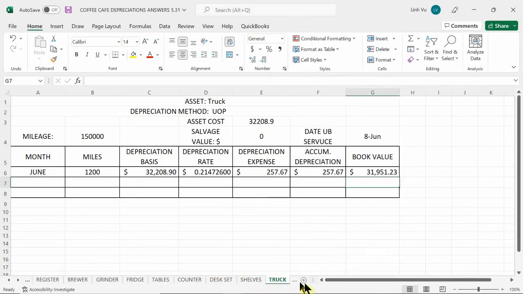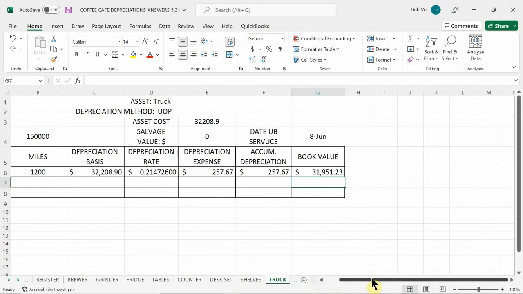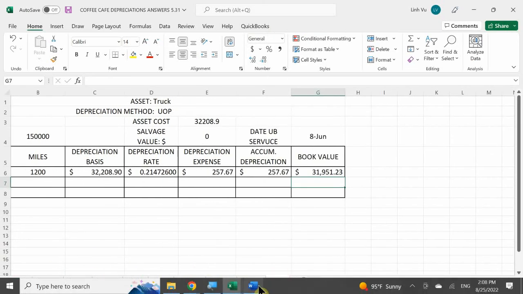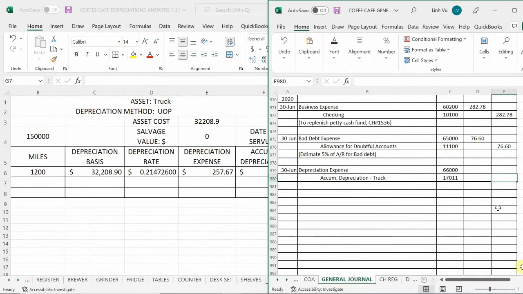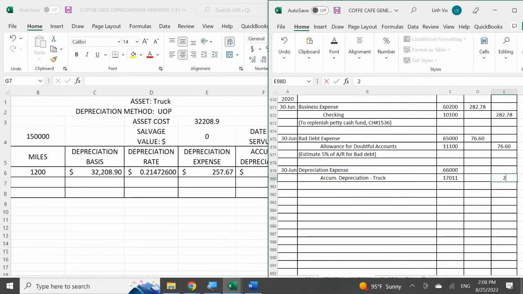So depreciation expense is 257.67. And for the depreciation expense, it's the same for the first month.